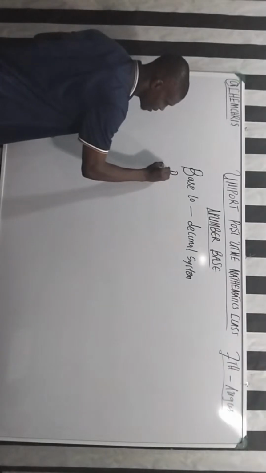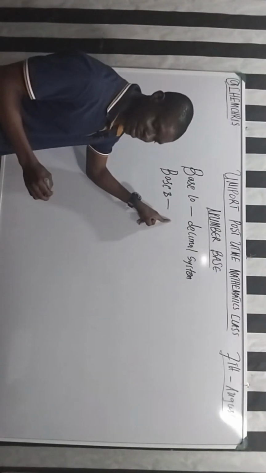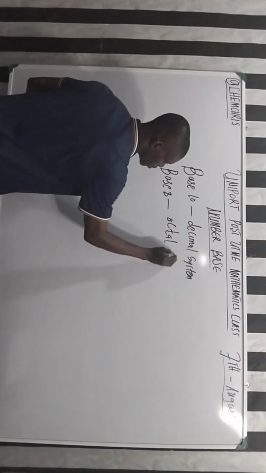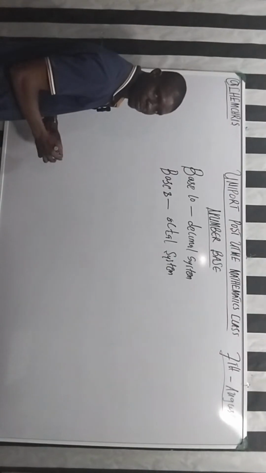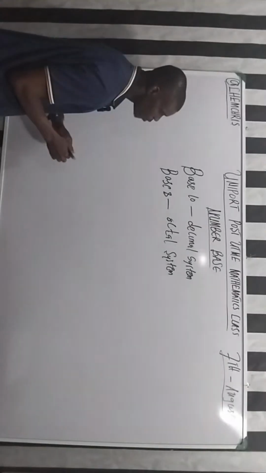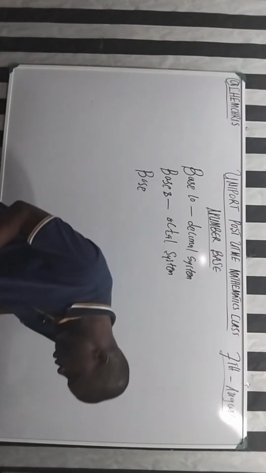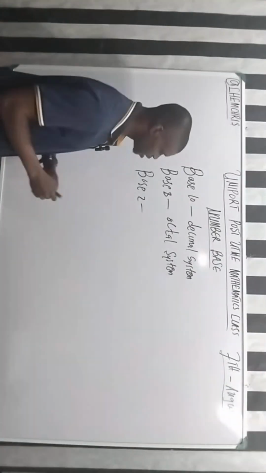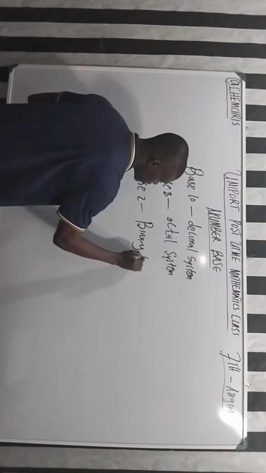Right? Now we have base 8, which is called the octal system. And the common base 2 is called the binary system.